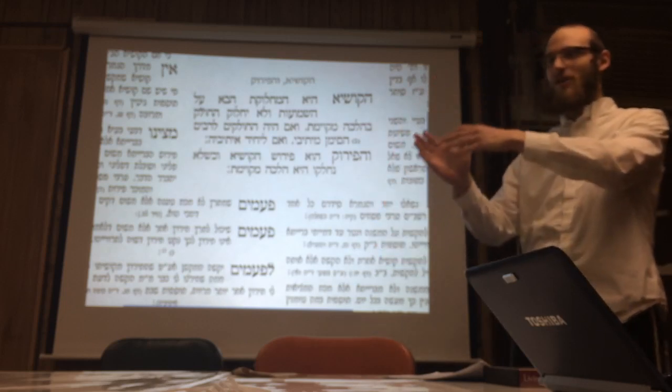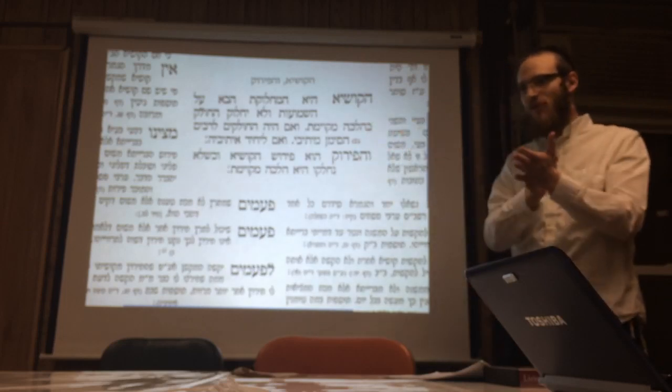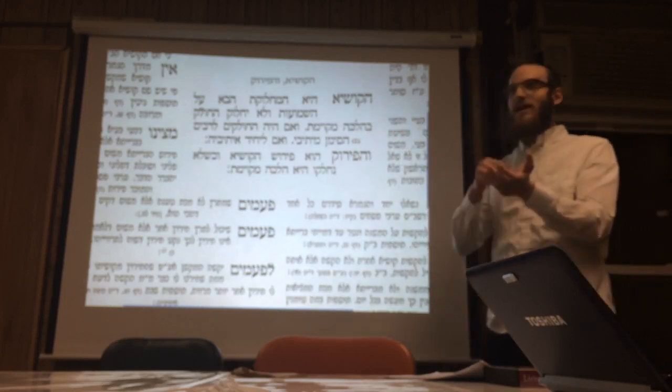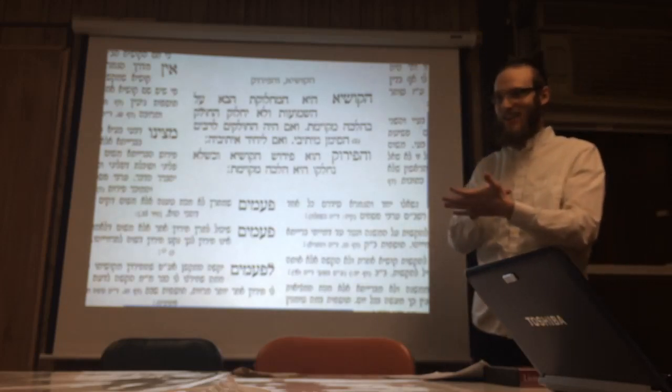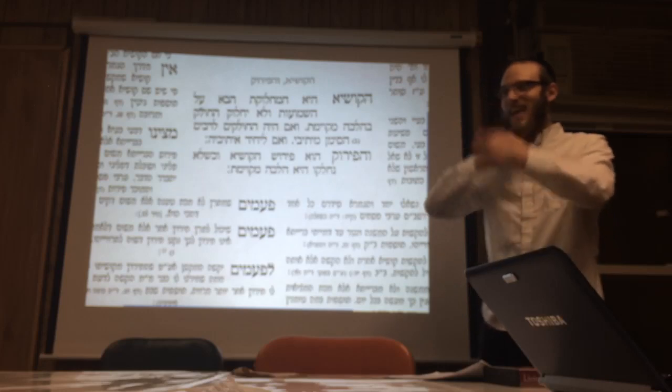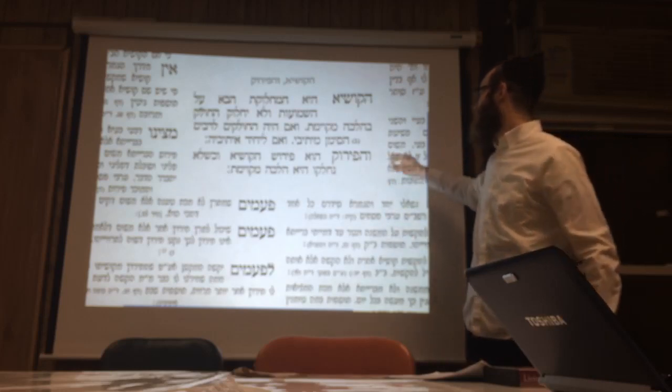Rav Papa is challenging Abaya through this construct. He agrees with him on the end halacha, but he's trying to get him to strengthen his svara to bring it out more.